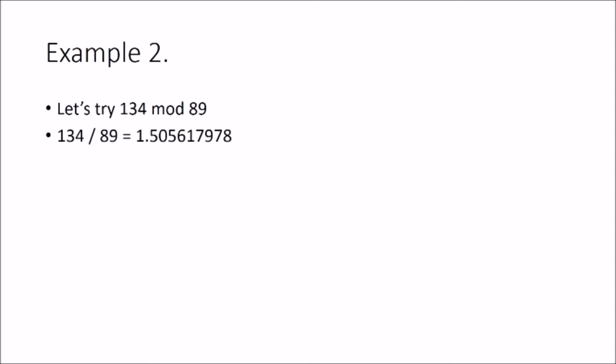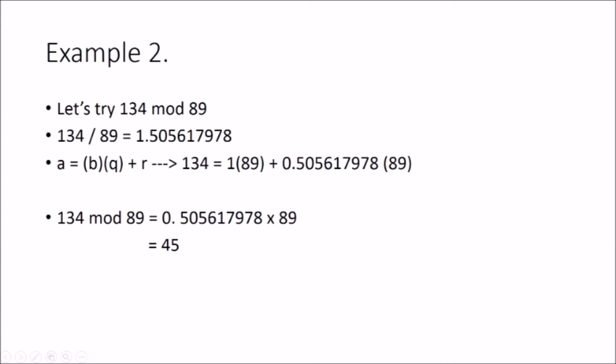The easiest way to find the mod from this is to take the remainder and multiply it by the divisor. Remember the formula we were going to explain. If I divide this, I will get the fractional part 0.506179778. This remainder multiplied by the divisor, I will get 45. So this is the mod.